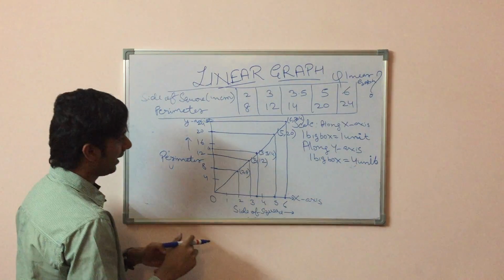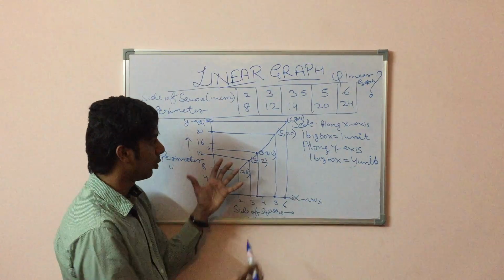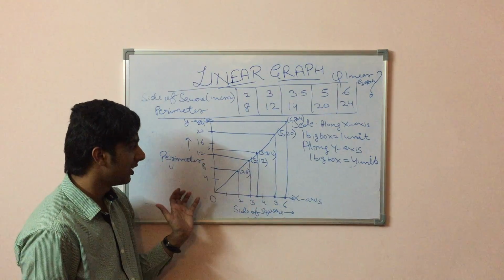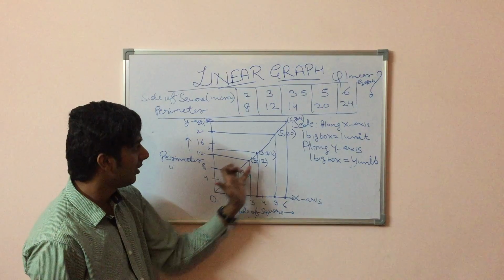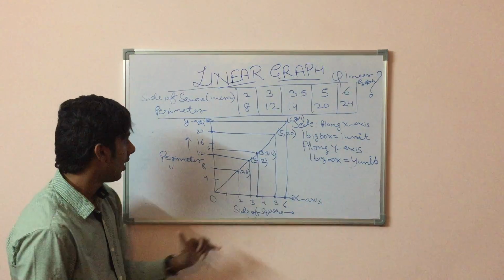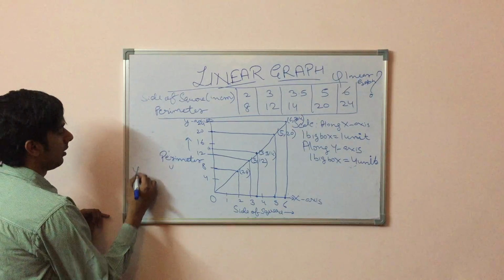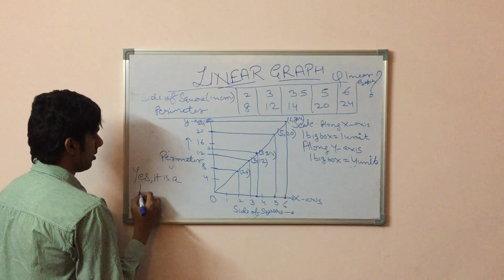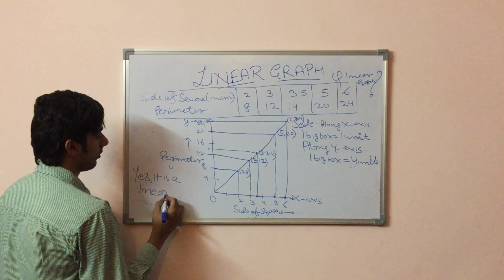I think you will be getting a straight line, though it looks a bit different over here. When you draw it in your notebook with a proper scale, it will join as a straight line. So your answer will be yes, it is a linear graph.